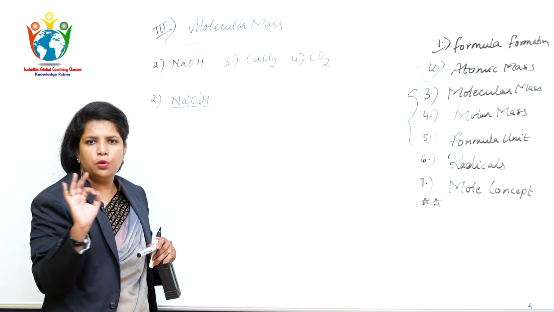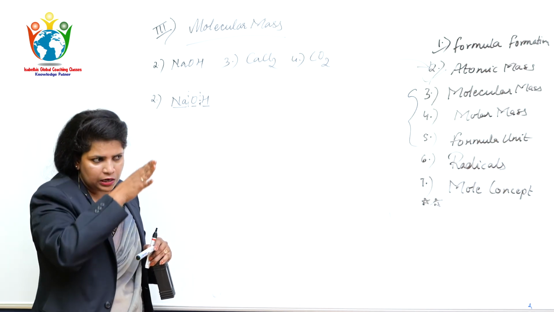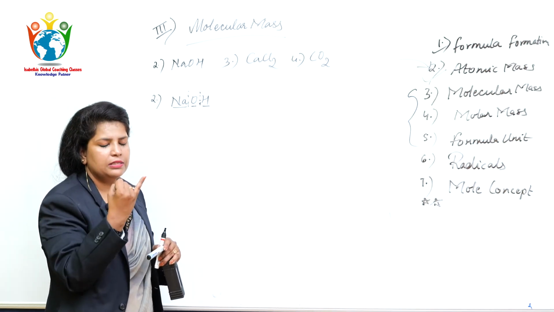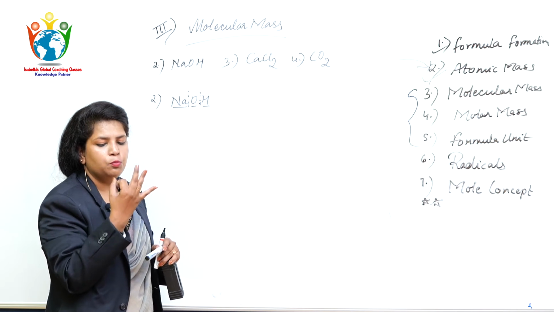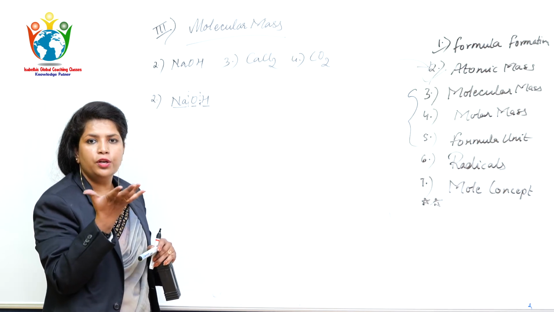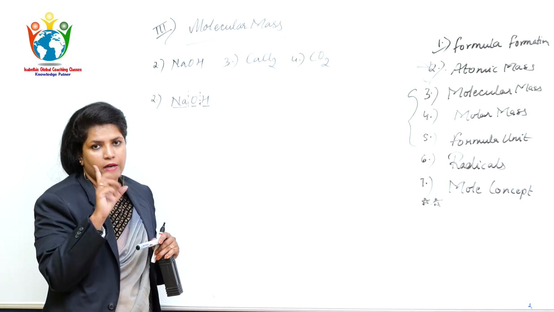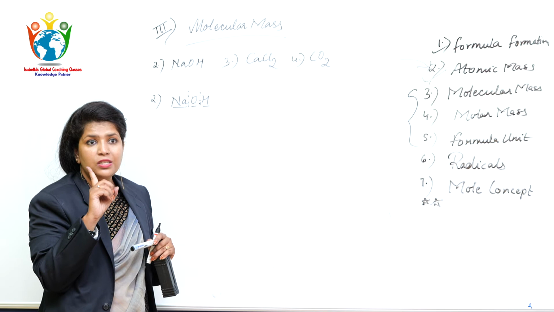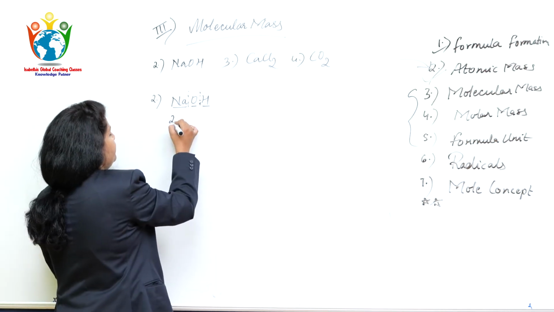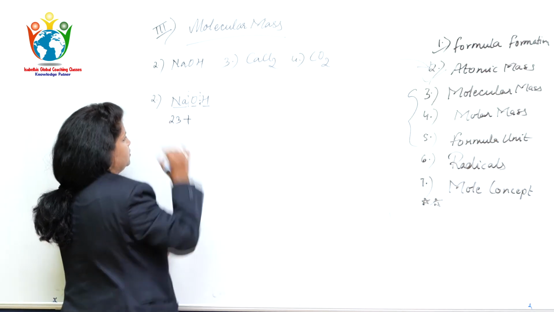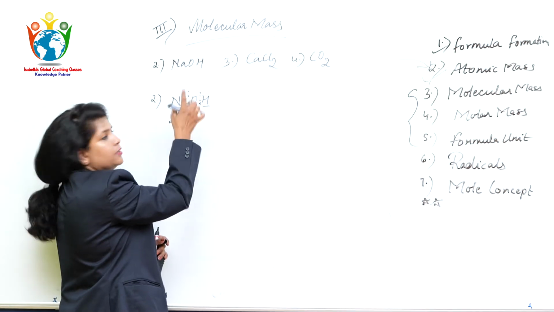Hydrogen, helium, lithium, beryllium, boron, carbon, nitrogen, oxygen, fluorine, neon and sodium. That means it comes in the 11th position, so you have to multiply in your mind: 11 twos are 22 plus 1, that comes 23.